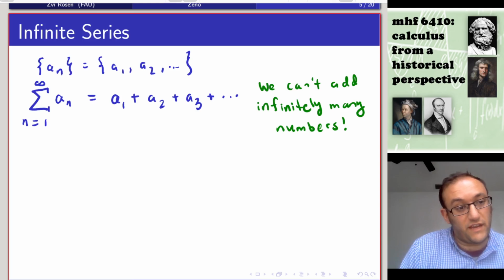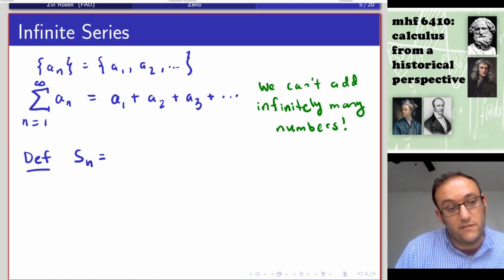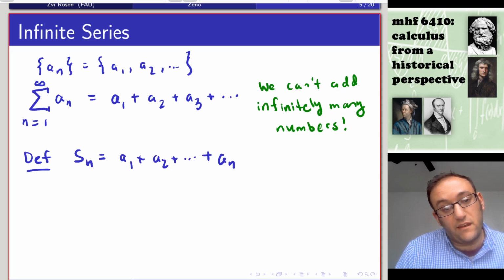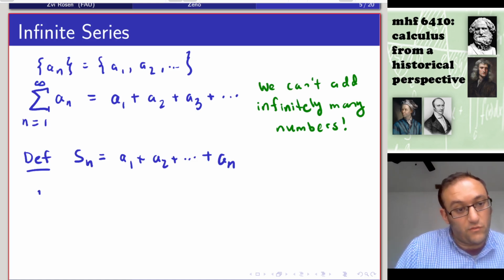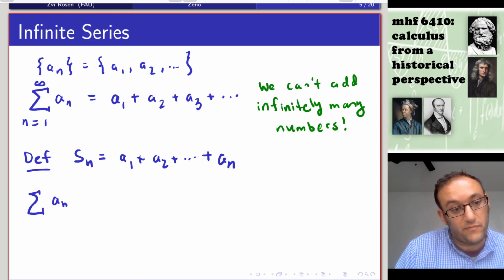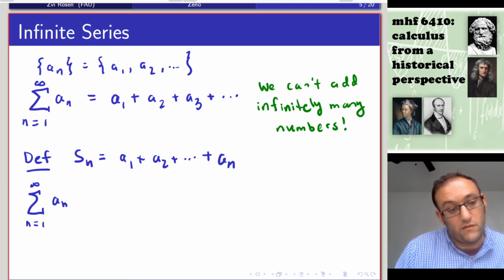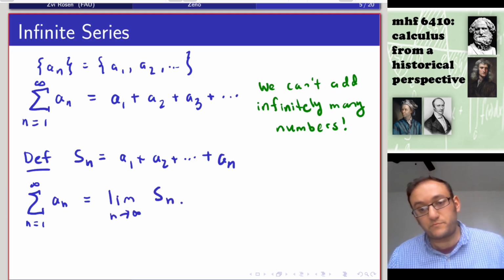So first we'll define a partial sum. This will be the sum of the numbers a1 plus a2, etc., up to an, where n is some index. Then we can define this sum as the limit as n goes to infinity of Sn.